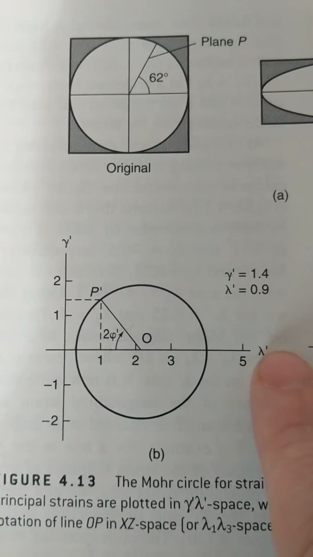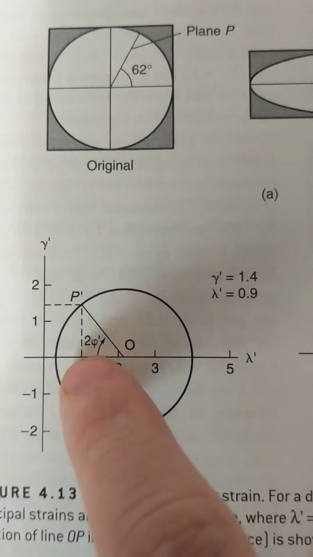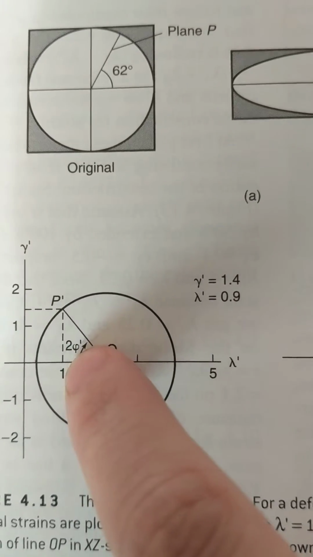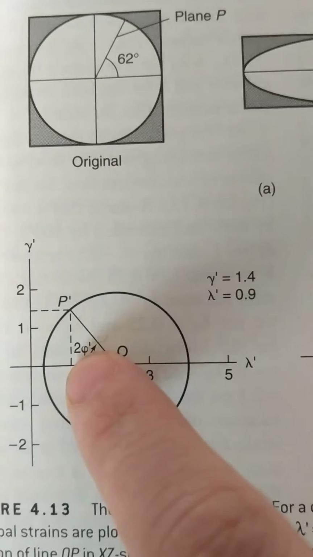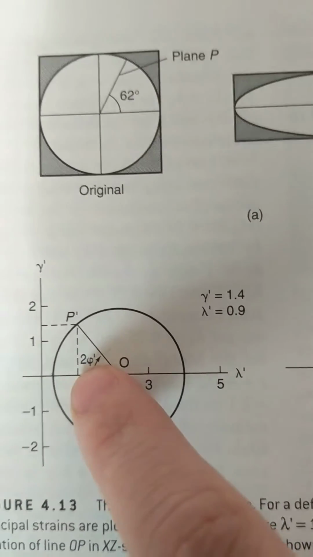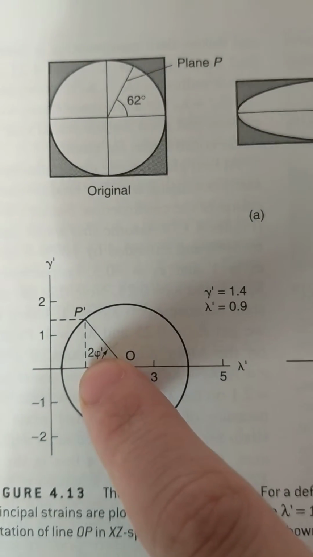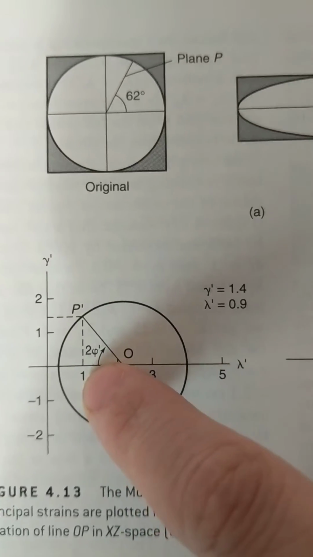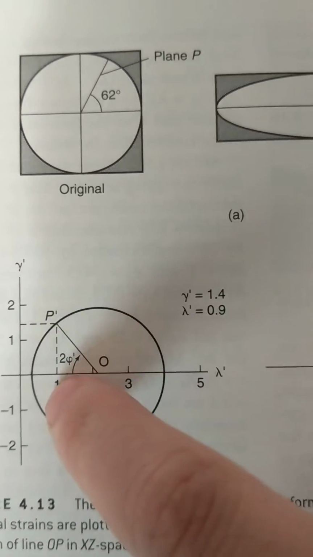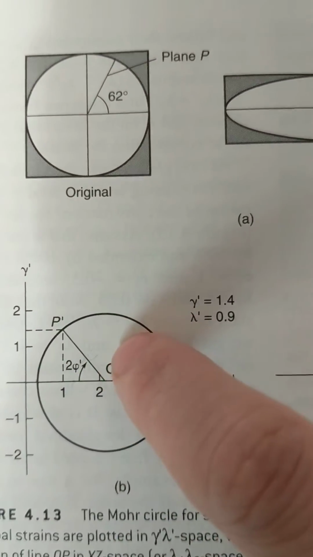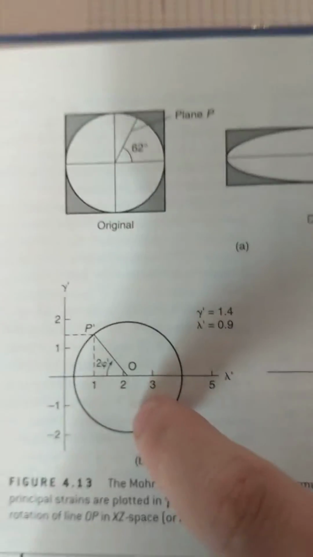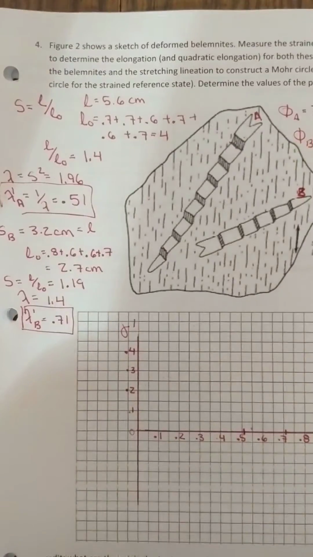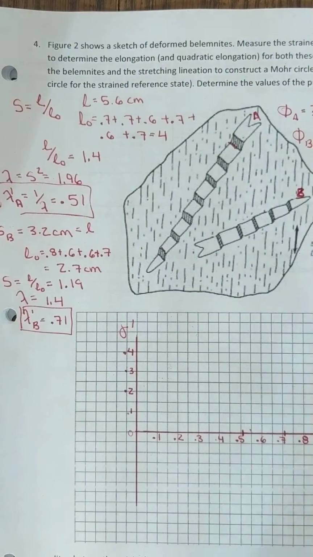We just figured out what our lambda prime for A and B is, and we just measured our angle from the stretching lineation to the belemnites, and then we have to multiply it by 2. So we go this way. Remember, we go clockwise when we're determining strain, and we're going to do it for both of our belemnites to construct our complete circle.